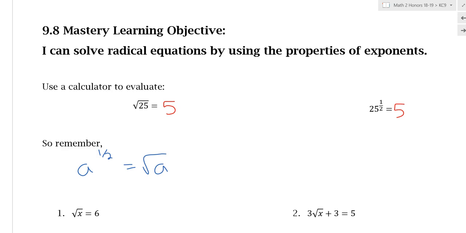In the same way, it doesn't just work with 1/2. It works if these numbers are anything. So another way of writing this rule is a to the m over n equals the nth root of a to the m. Okay, so we'll see that in use for a few of our problems.